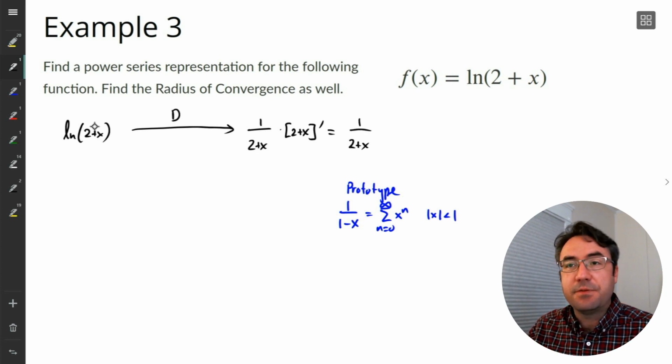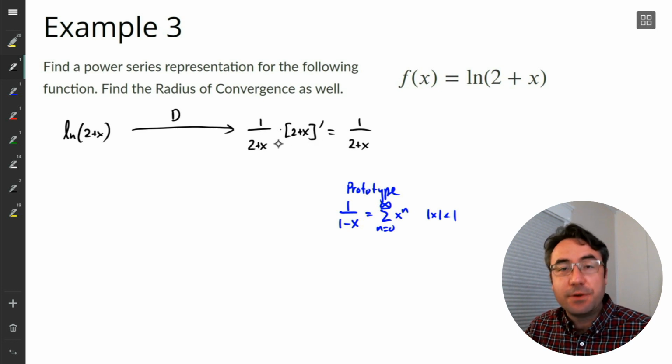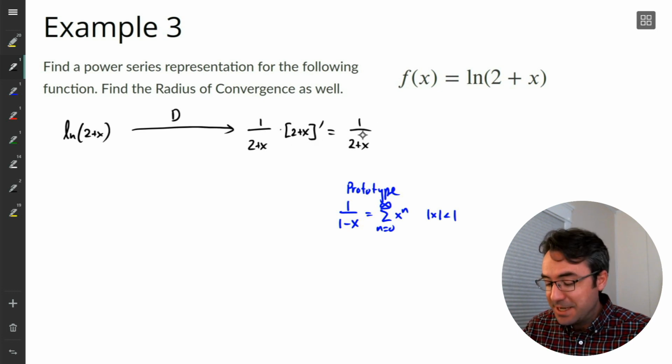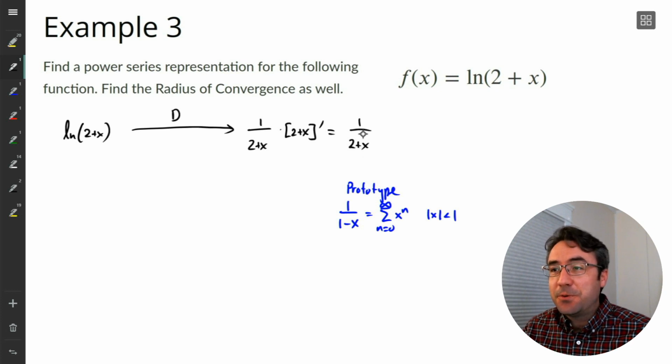So doing a little chain rule here, the derivative of natural log of 2 plus x is 1 over 2 plus x. So that's pretty close to the format that we're always trying to refer back to for these power series representations, 1 over 1 minus x.